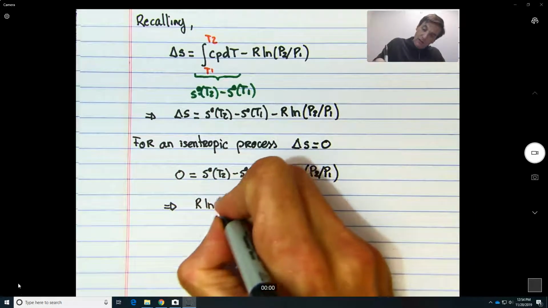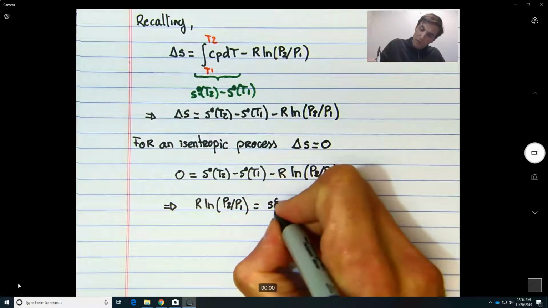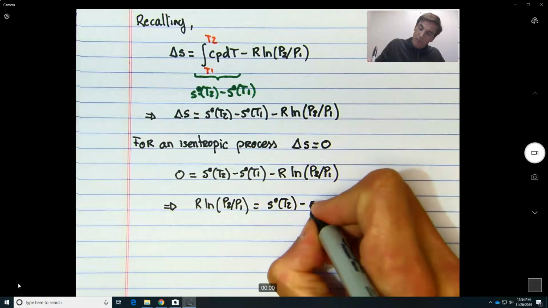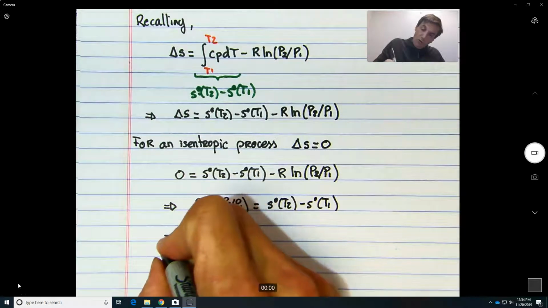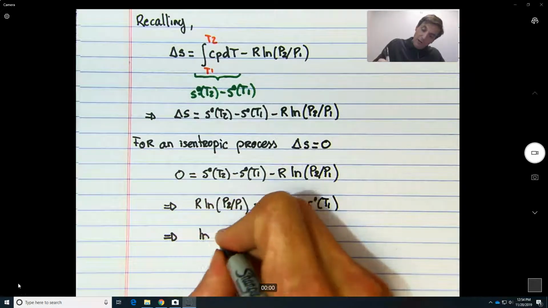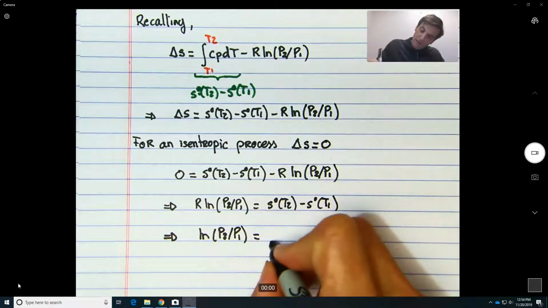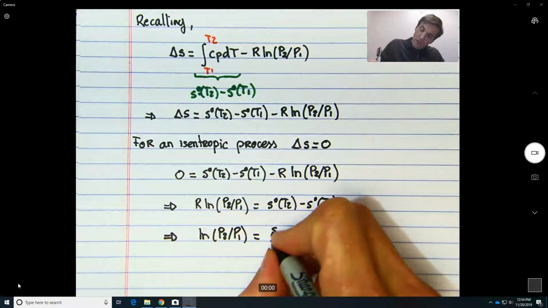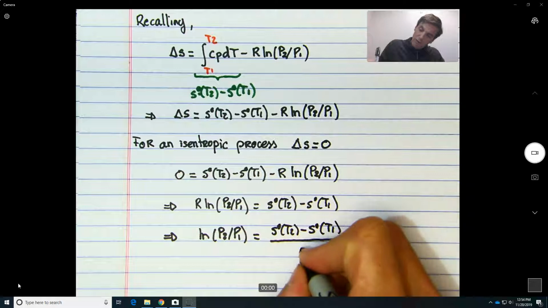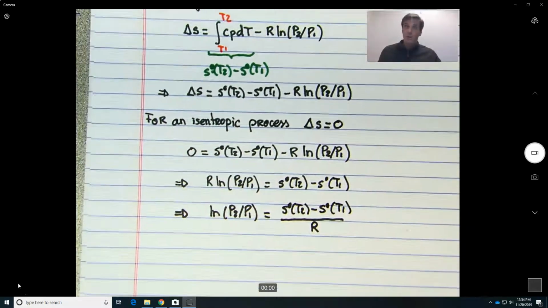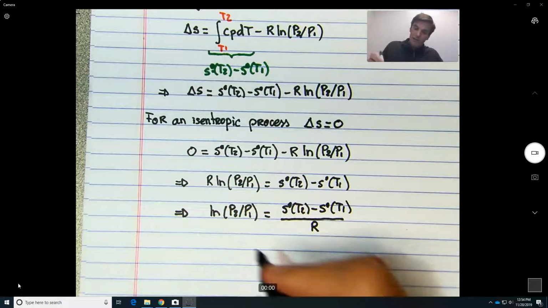Now we can just rearrange the equation as R log P2 over P1 equal to S sub O T2 minus S sub O T1, or log P2 over P1 equal to S sub O T2 minus S sub O T1, divided by R. So now if we take the exponential function on both sides, what are we going to get?